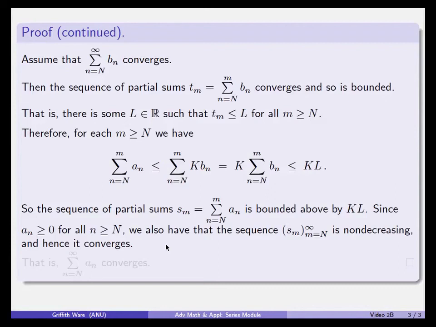It's a non-decreasing sequence that's bounded above, so it must converge. And that is, we've shown that this infinite series converges. So we've concluded that the convergence of the series Bn implies the convergence of the series An, which was precisely what the statement of the theorem tells us.